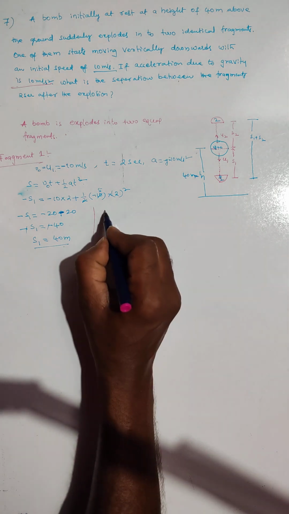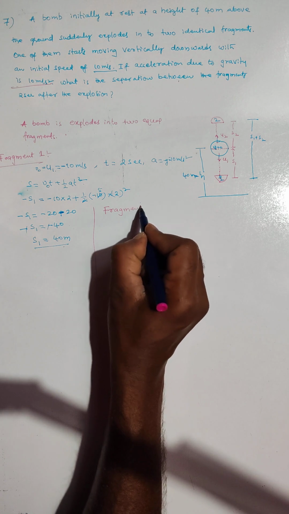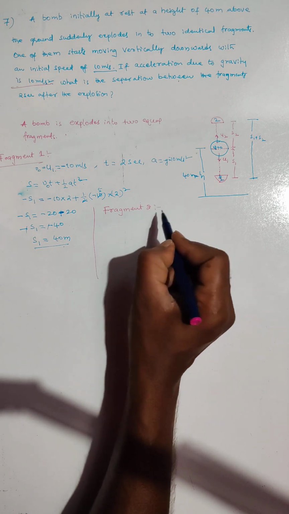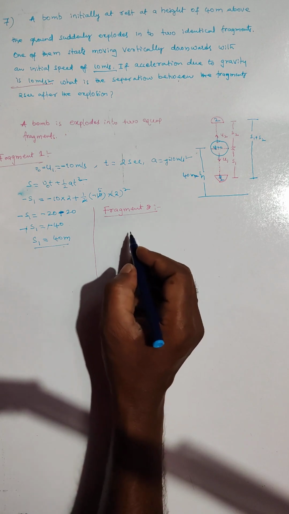Like that for fragment 2. Fragment 2 is moving opposite to the direction of fragment 1.